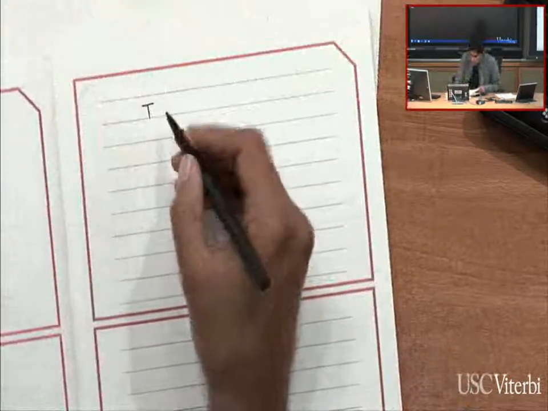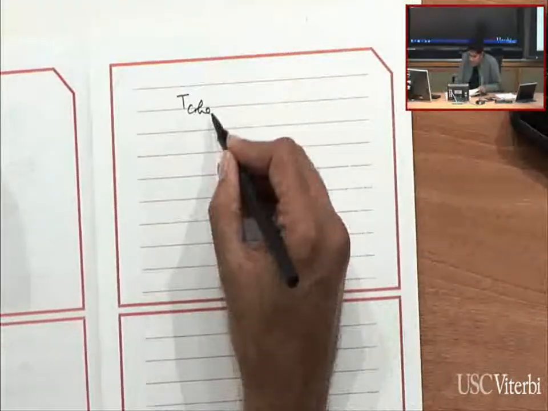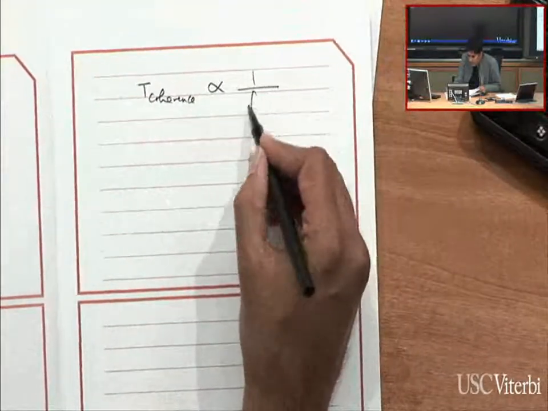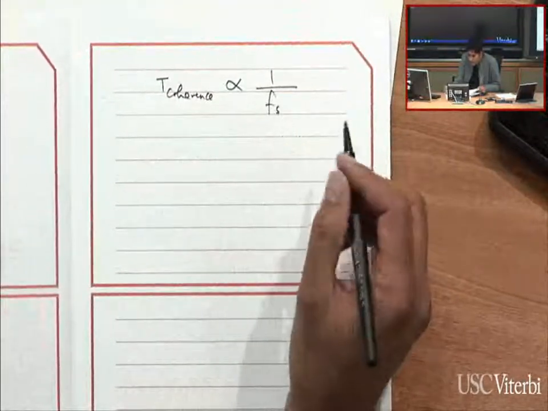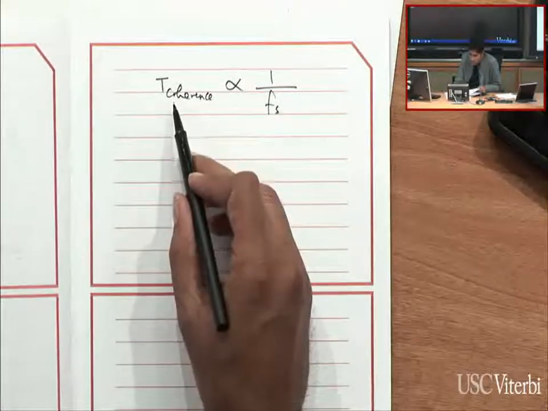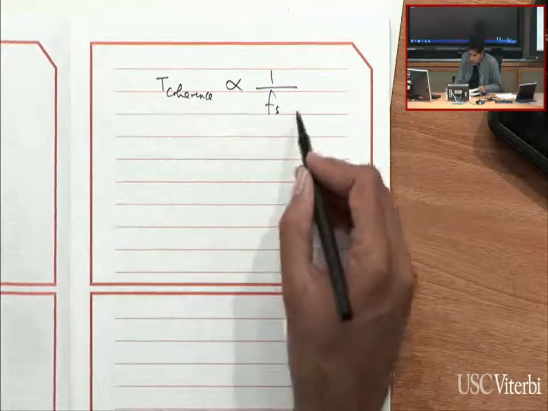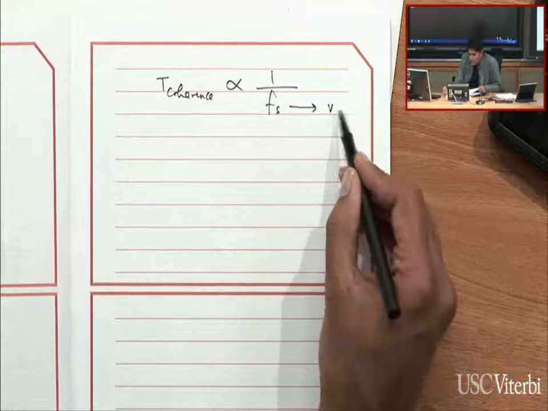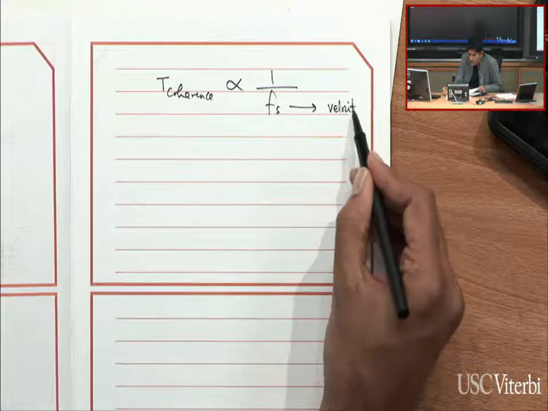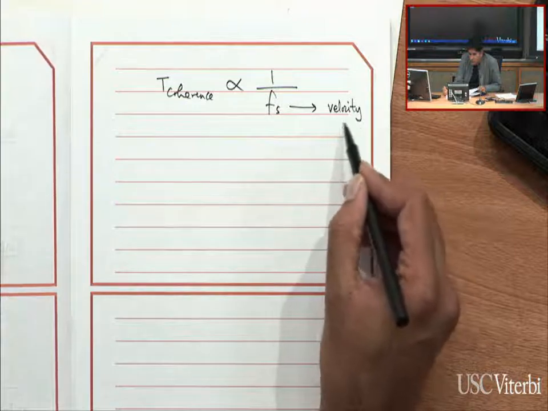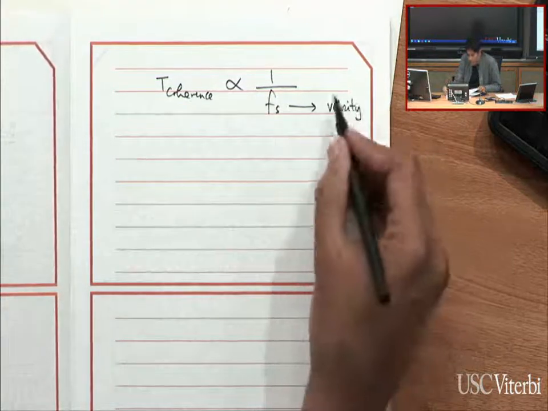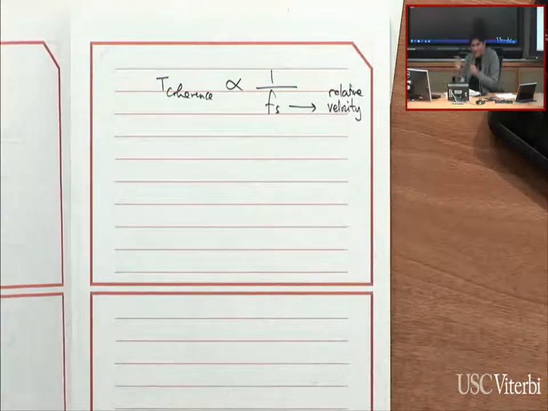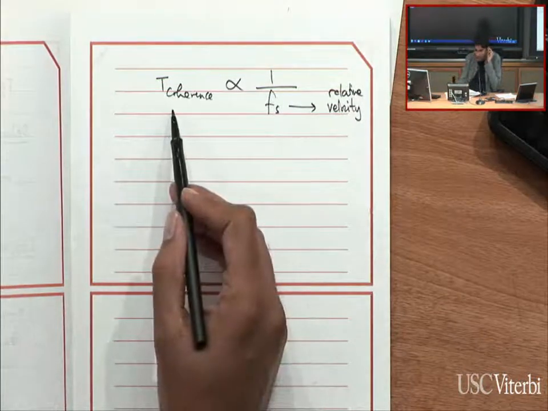So the coherence time is inversely proportional to the Doppler spread, and the Doppler spread itself is proportional to the relative velocity of the vehicles or of objects in the environment. So how fast things are moving in the environment is going to affect the coherence time.